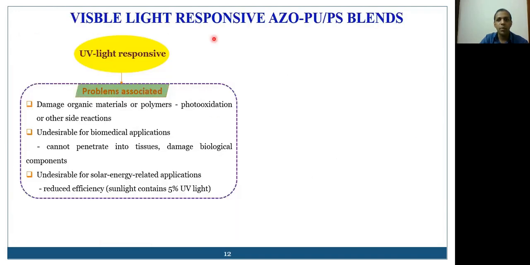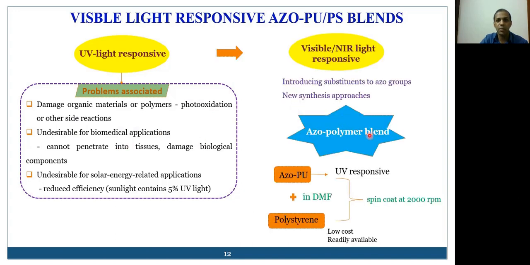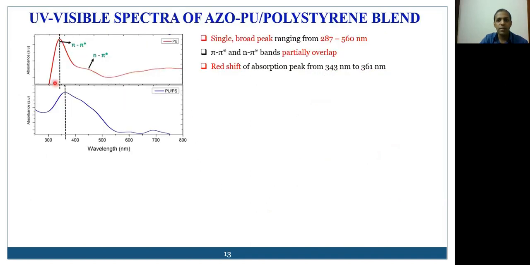Now, considering the problems associated with UV responsive polymers like photooxidation and their non-suitability for biomedical applications, we have tried to design a visible light responsive polymer blend by blending azo-PU and polystyrene in DMF. So here is the UV-visible absorbance spectra of azo-PU on the top and the PU-PS blend at the bottom.